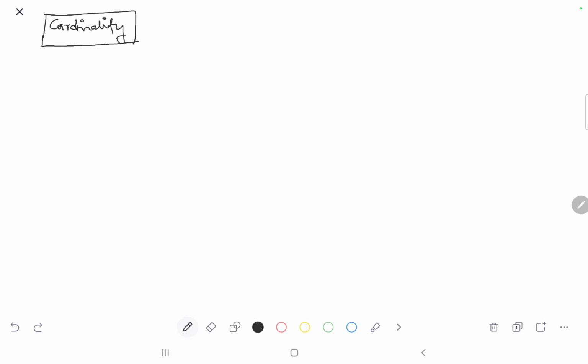It is nothing but the general version of the number of elements, a generalization of the number of elements in a set. Got it?